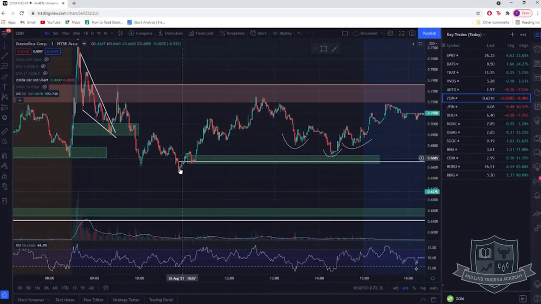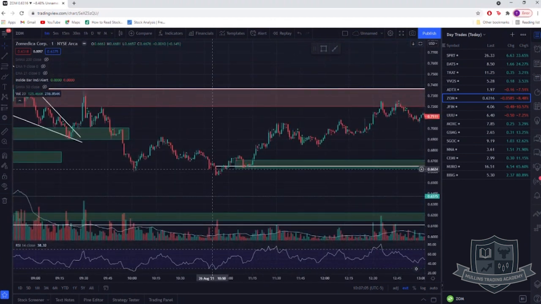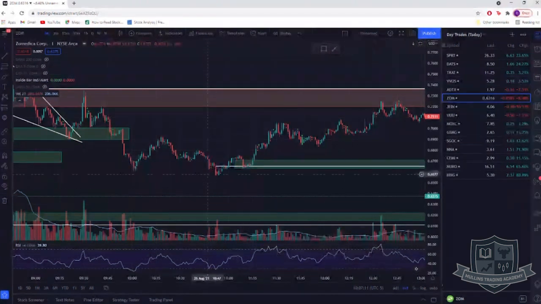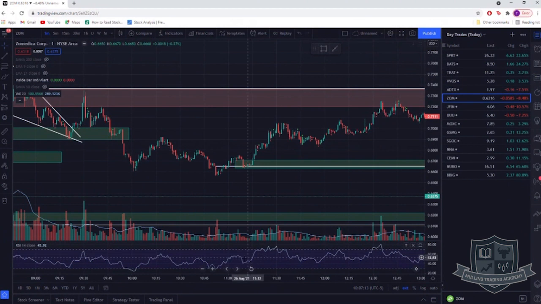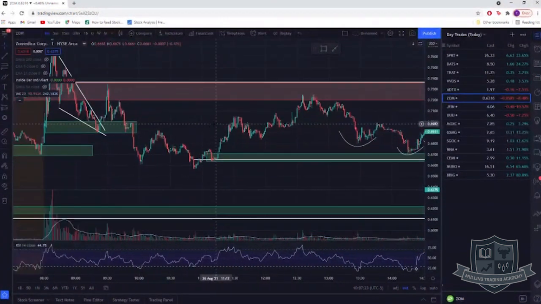And if you came down here, as a matter of fact, I don't know why I don't have this one labeled. Look at this. Look at the right shoulder here, and look at the left shoulder here on the RSI, and look at the right shoulder. Massive divergence. You can just play right off the top of the candle, 66 up to like 70. Again, 5-6% play just off of pattern recognition and RSI.